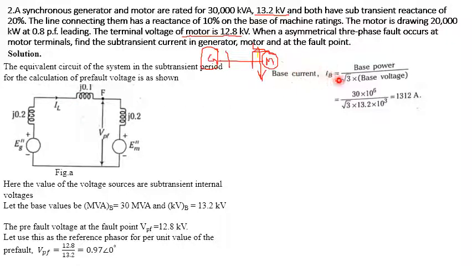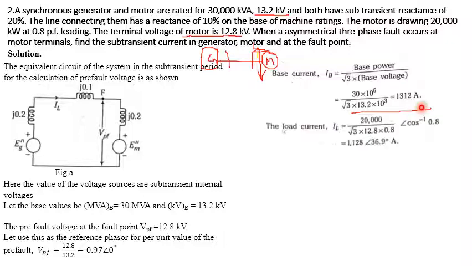What is our base value? The base power is 30 MVA, and the voltage is 13.2 kV. So 30 MVA divided by root 3 times 13.2 kV gives 1312 amperes. You have to remember this, as it is the base current.